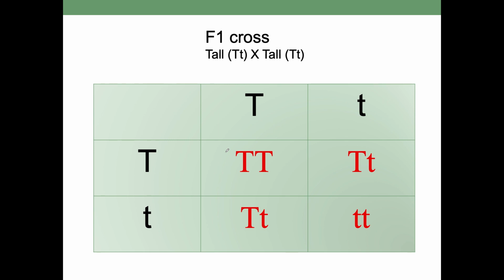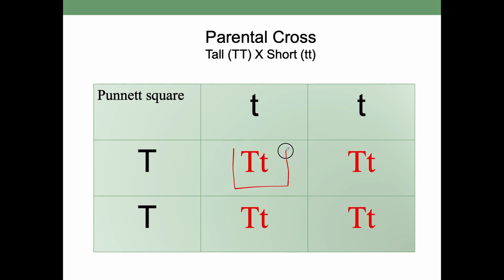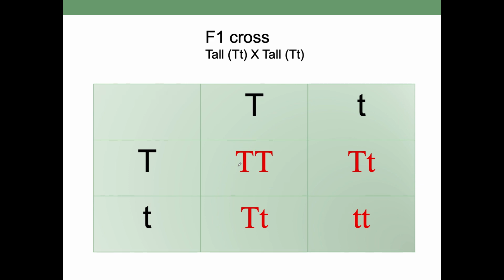If we then cross two individuals from this generation with this heterozygous genotype as part of the F1 cross, again, we have the dominant allele and the recessive allele for both parents. Now we have different combinations for the offspring genotypes.